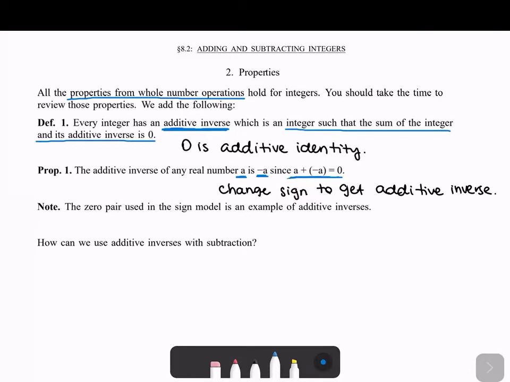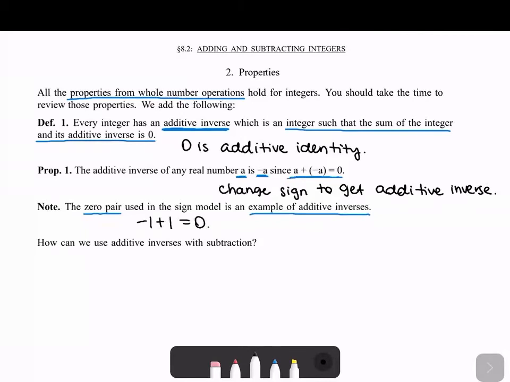And one thing to note is, like I said before, we really like 0 because when we add in 0 pairs, the value of things doesn't change. And the 0 pair that we used in the sign model is an example of additive inverses. When I first introduced it in the first video for this section, we noted that -1 plus 1 is 0, right? We all know that.